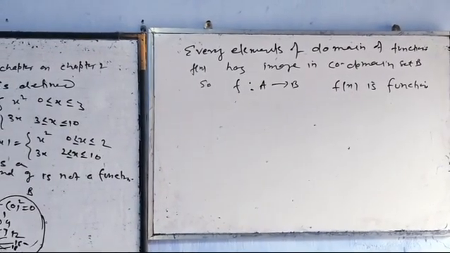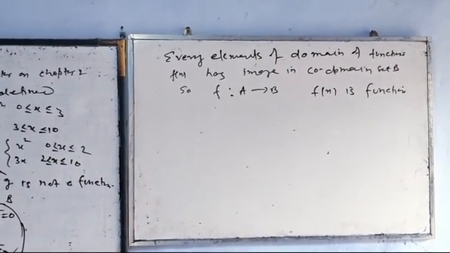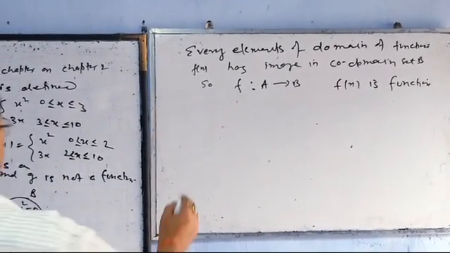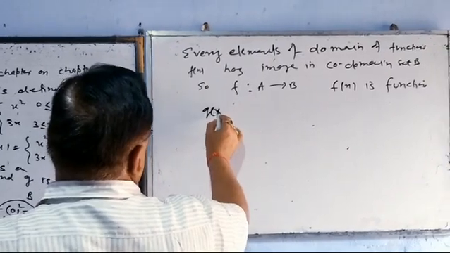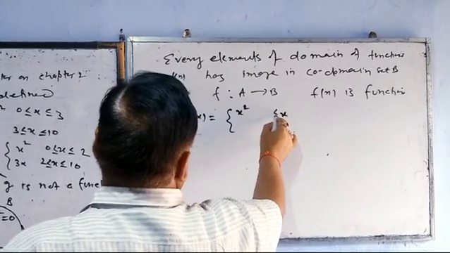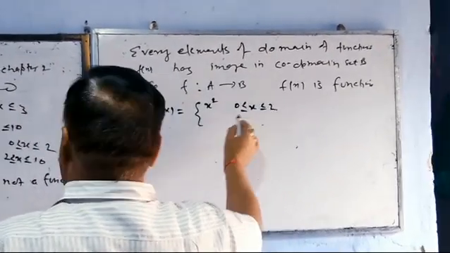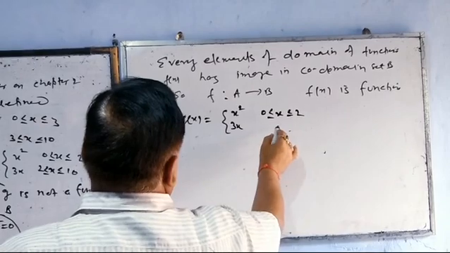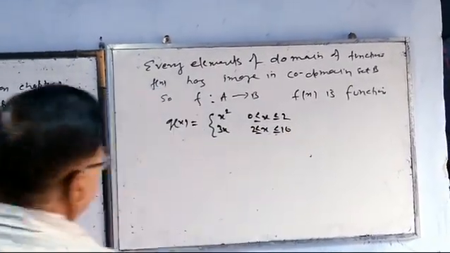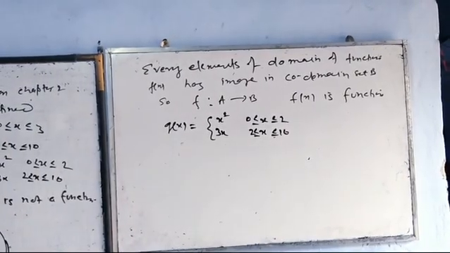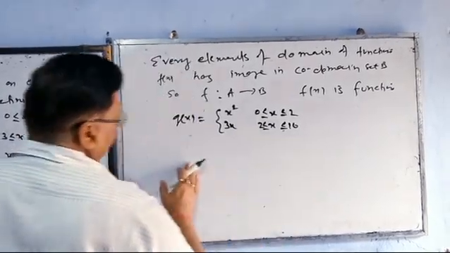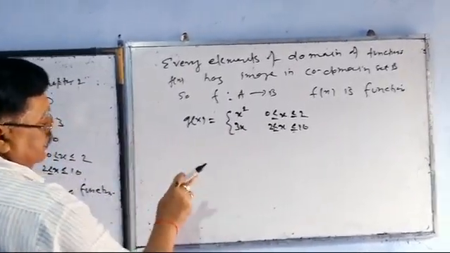Now we proceed to show g(x) is not a function. Again, we take g(x) values: x square for x from 0 to 2, and 3x for x from 2 to 10. So we evaluate first of all this before giving the pictorial representation.